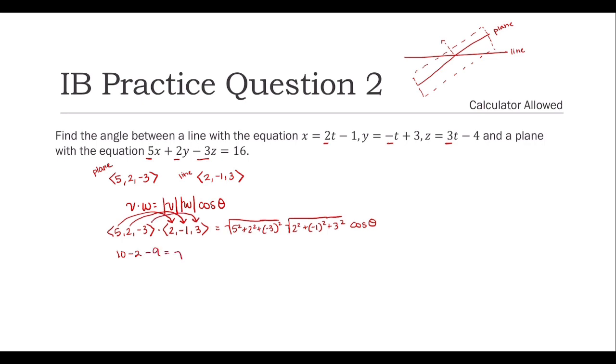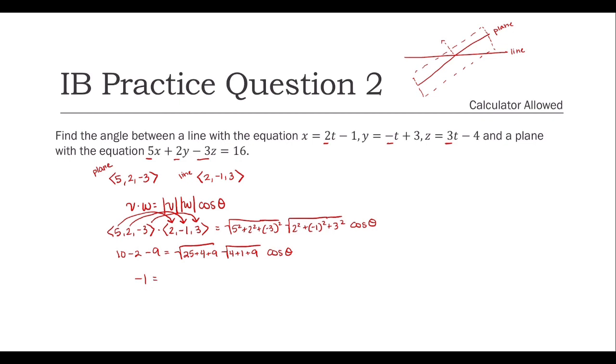So that equals the square root of 25 plus 4 plus 9 times the square root of 4 plus 1 plus 9 times our cosine of theta. 10 minus 2 is 8, minus 9 is -1.